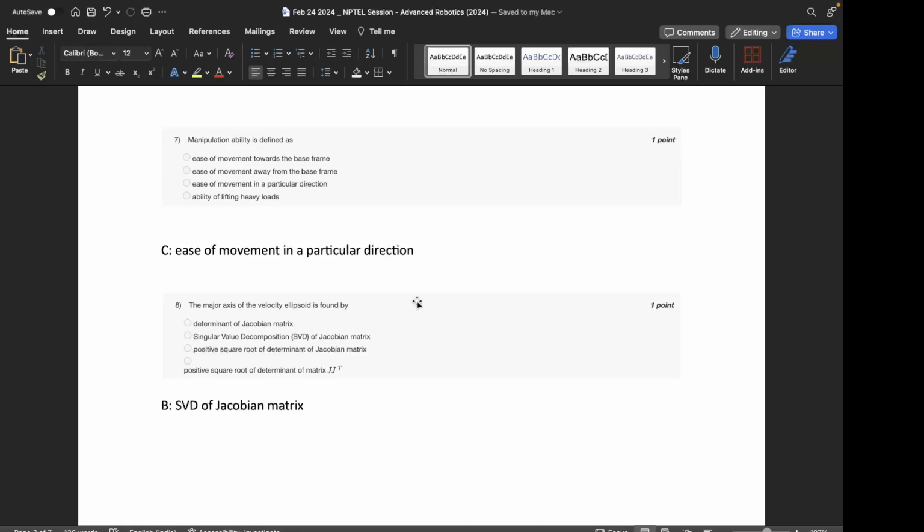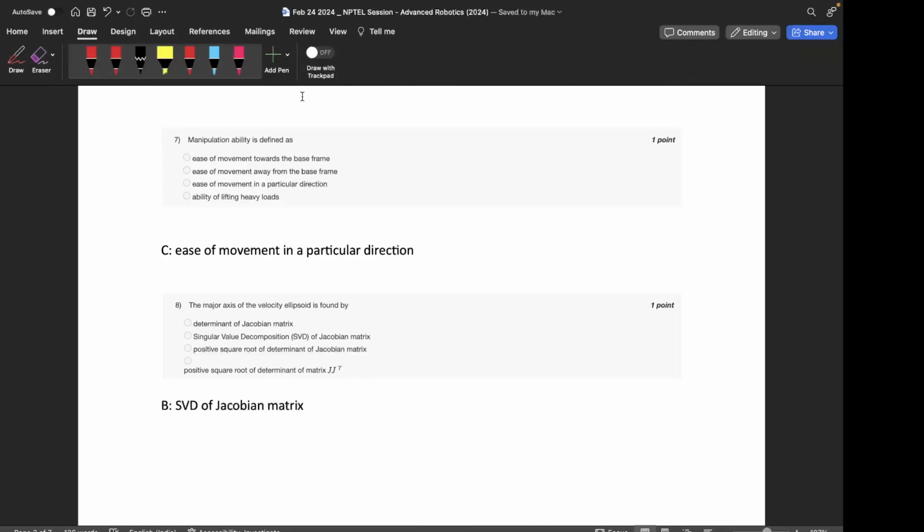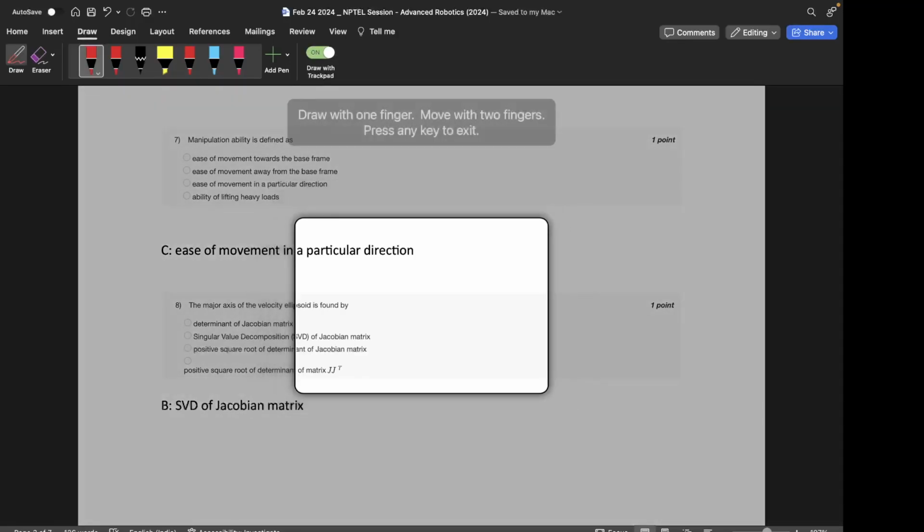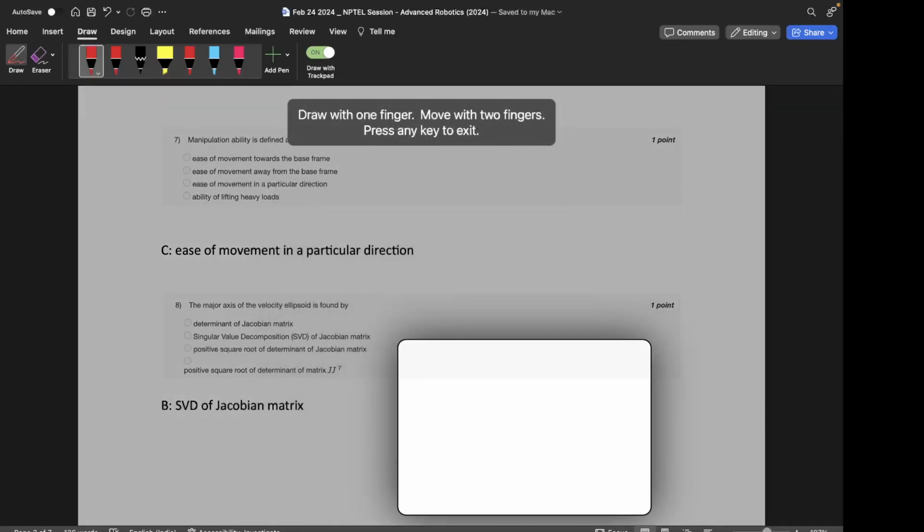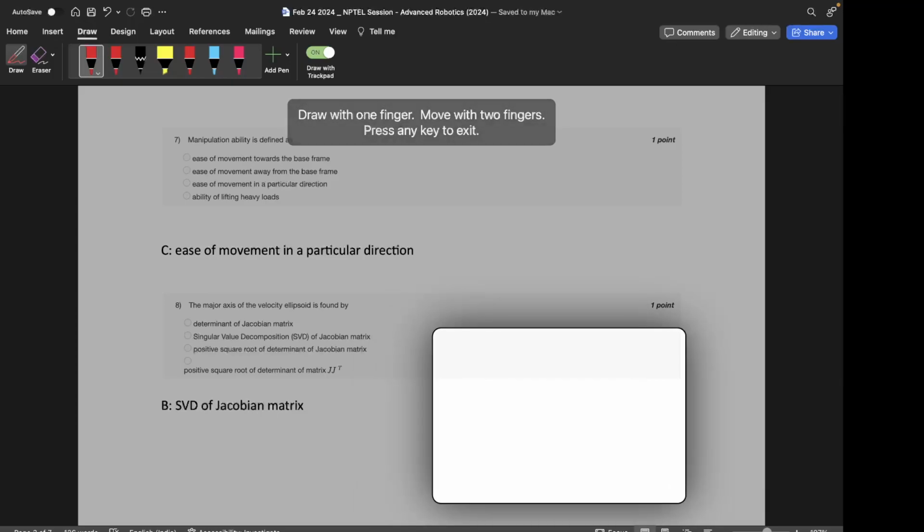Okay. So I would have loved to draw the ellipsoids here, but let me just see if I can do it with my laptop. This will not be as accurate as the pad.